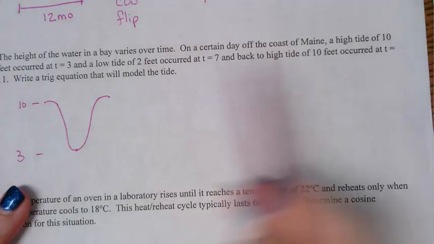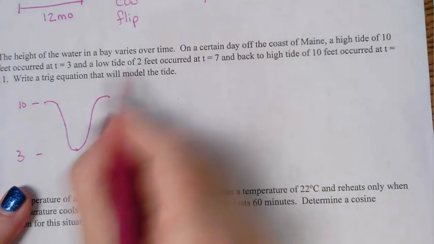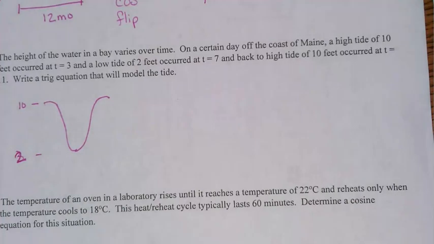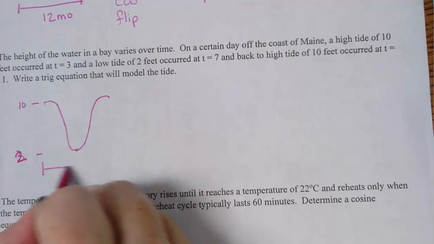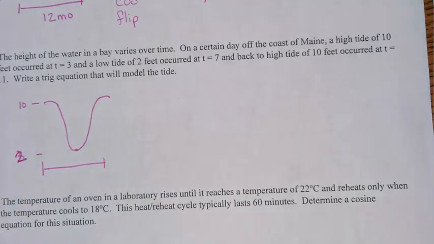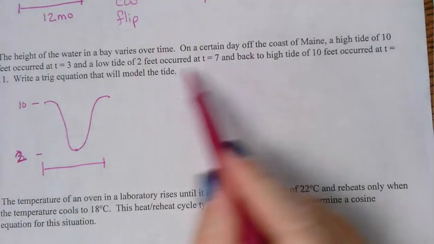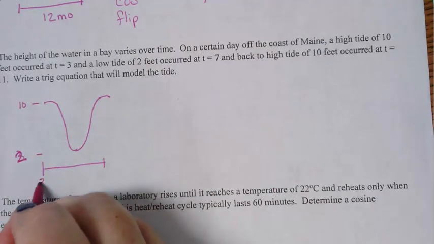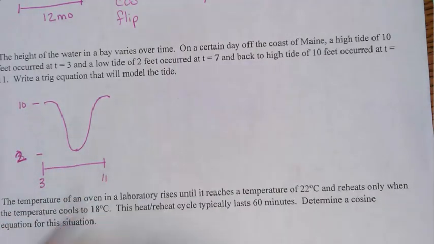Now, here's the thing, we got to be careful. We started at 3, and then back to 10 feet occurred at 11. So we started this thing at 3 and ended at 11.